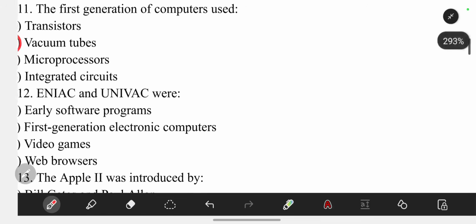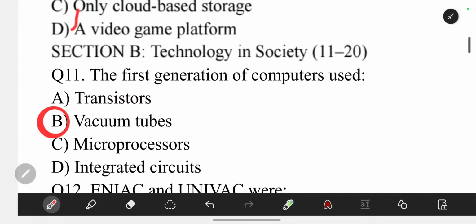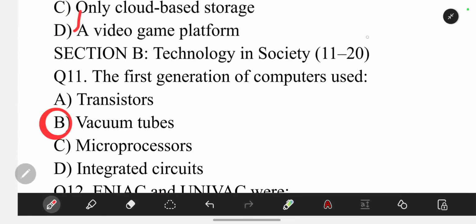For number 12, ENIAC and UNIVAC were examples of the first generation of electronic computers.